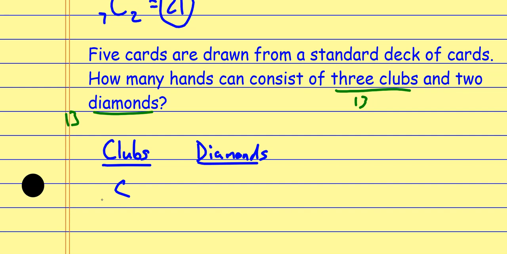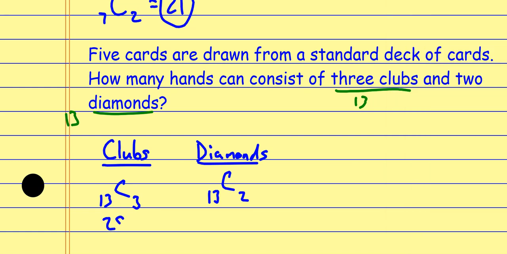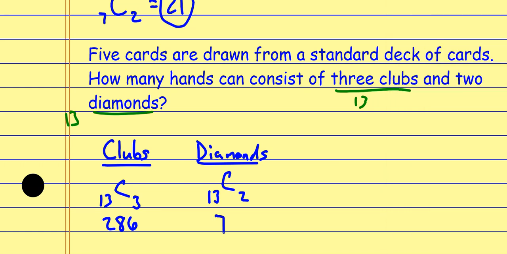So for the clubs, there are 13, and I want 3 of them. And for the diamonds, there are 13, and I want 2 of them. So I find these 2 combinations. 13, choose 3, that's 286. And then I also do 13, choose 2, which gives me 78.